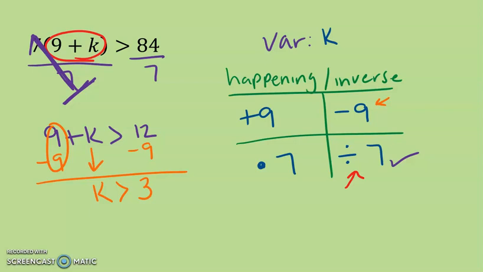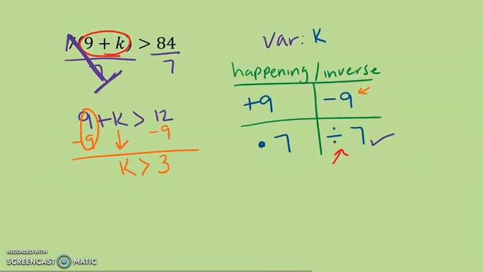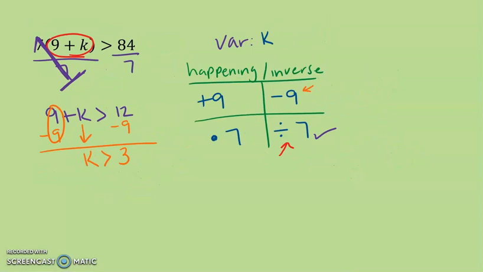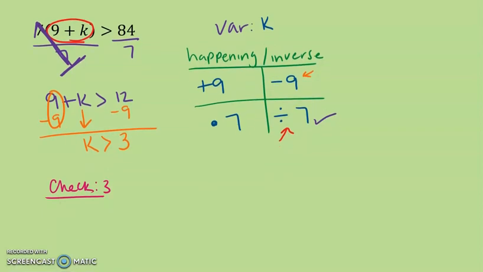We need to check to make sure that it's the correct answer. So I'm going to do my check. And again, I like to write down the number that I'm checking just to make sure I don't mess up. And I'm going to start by rewriting the original problem. So we had 7 times the quantity 9 plus k is greater than 84.